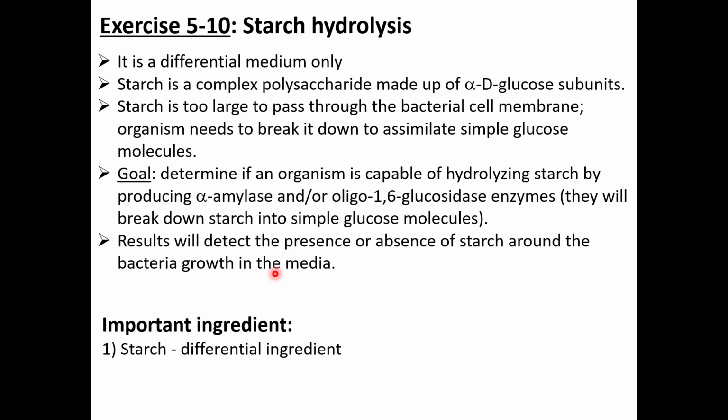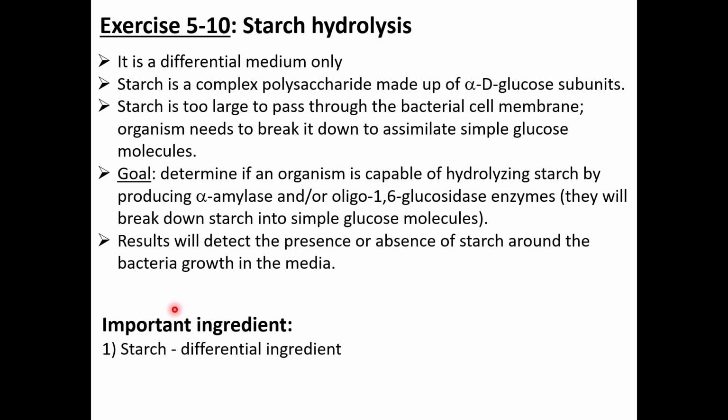So now this is the thing. Once we inoculate a plate, because this is going to be a plate, we want to see if starch is still present in the medium. So this is a medium that would look similar to a regular plate as we have, except that there's starch mixed in the agar.